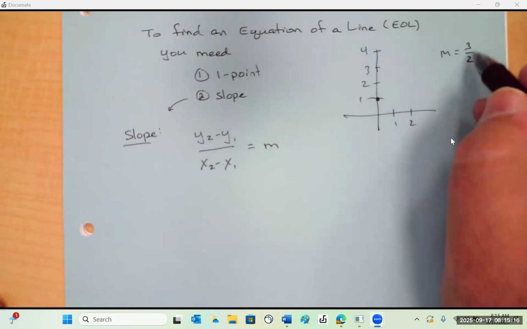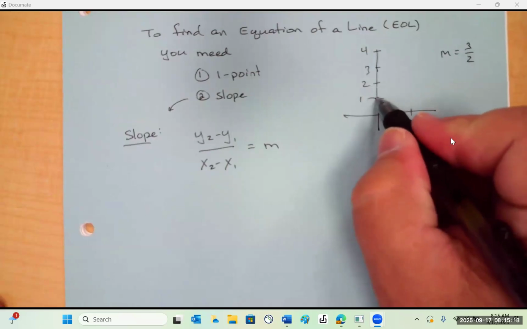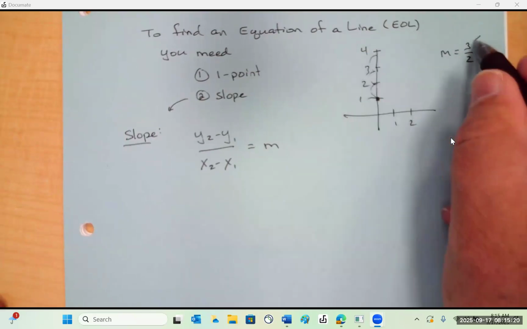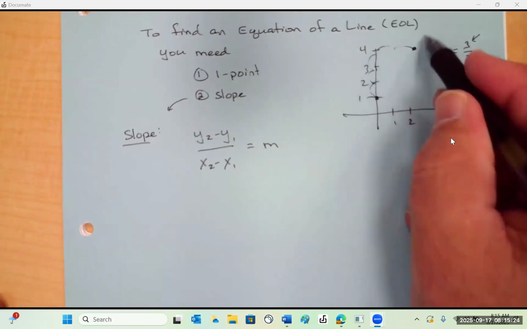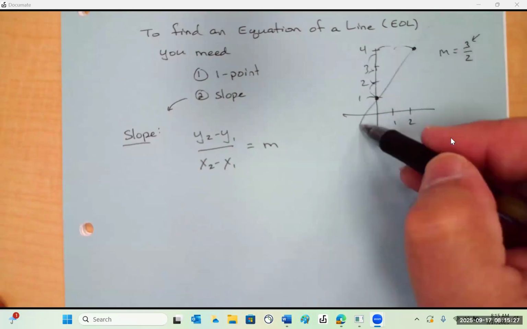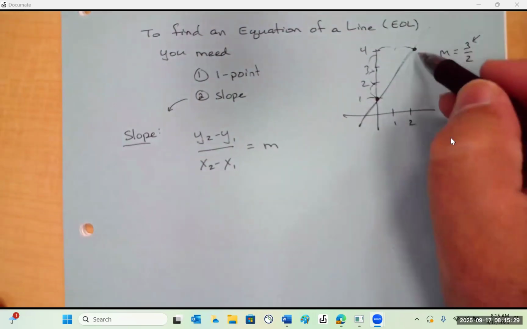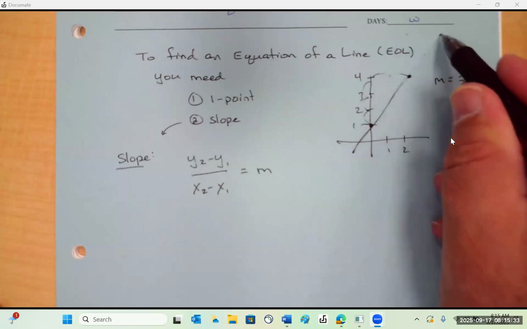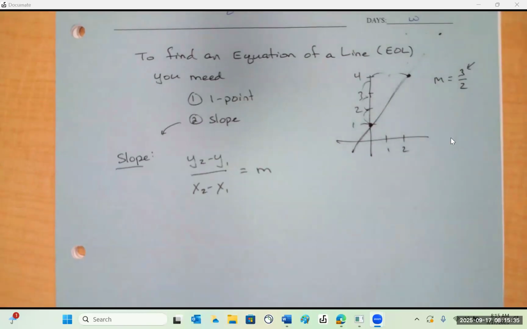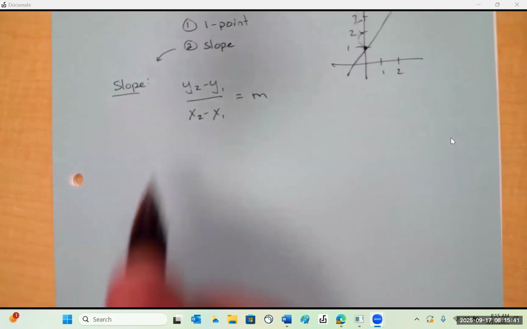Yeah, I rise how far? I go up 3 spaces. That's what that tells me. And then I go over 2 spaces. There's my next point. I draw a line, and there it is. And then from here, my next point, I go up 3/2 and keep on doing that. So the slope tells me how each of the points in the graph are related. That's why it all starts from there.